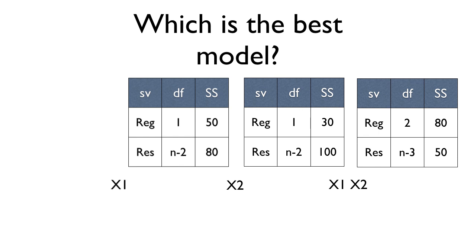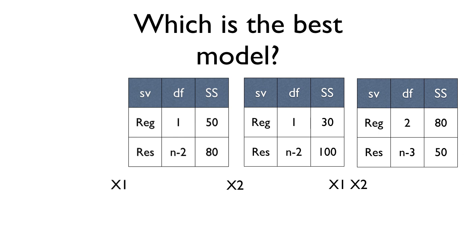Now, of those three, which is the best model? This isn't that complicated because it's just got two predictor variables, x1 and x2. So it's not like you're going from a surface to some sort of weird thing you can't imagine, so I can even draw a picture of it.